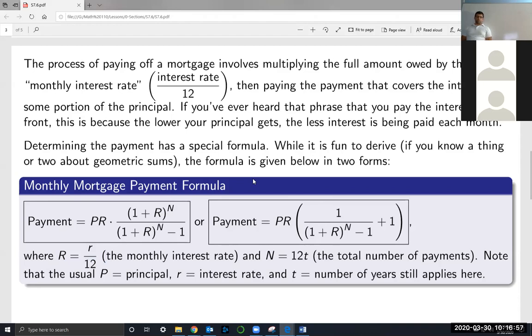Note that the usual P is principal, little r is interest rate, and T is number of years still applies. Either of these two formulas is correct. It's actually the same formula, but depending on you personally, you may find it easier to use one or the other. It's entirely up to you.